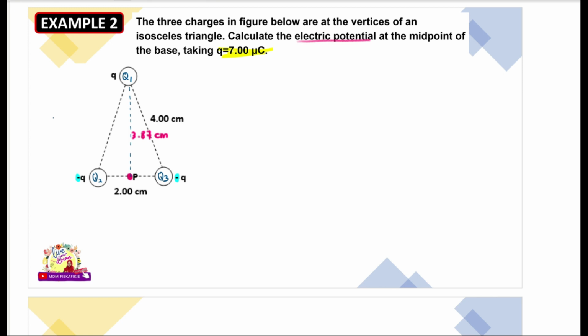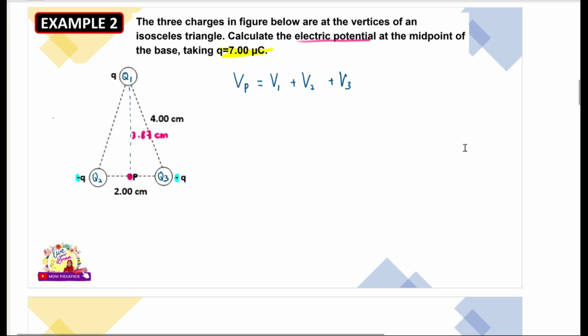So now we have 3 charges, meaning the net electric potential at point P, Vp, is equal to Vp due to the first charge, and Vp due to the second charge, and electric potential due to the third charge. Electric potential tidak perlu lukis direction, tetapi dalam calculation masukkan negative sign.